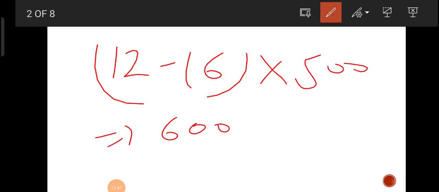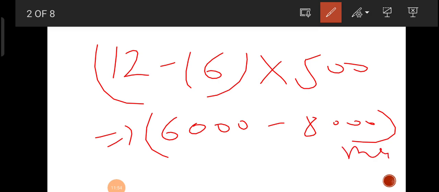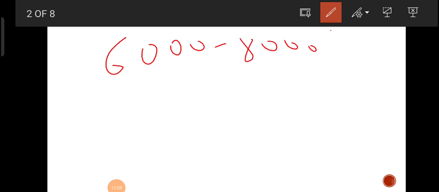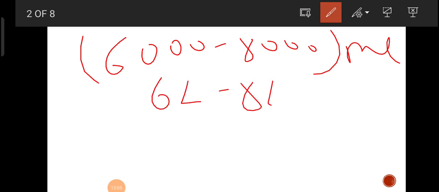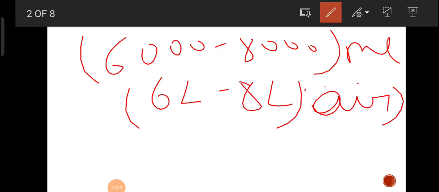This will be equal to 6000 to 8000 ml, or 6 liter to 8 liter of air. Now you are able to calculate the amount of air during 1 minute of breathing. This is equal to 6 liter to 8 liter.